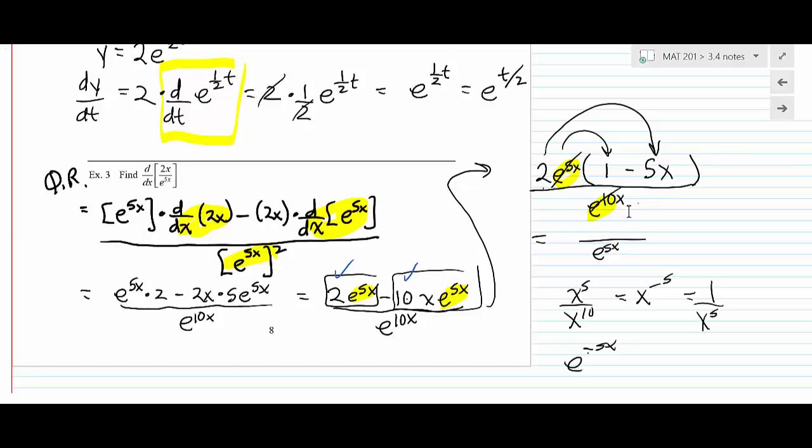Okay, that cancels. Then after that, you're left with 2 times 1 minus 5x. So this right here would be a good answer. And yet you could have left that 2 in, like you were talking about, Alicia. Or you could go ahead and multiply it out and get 2 minus 10x. These are the little algebra issues that we have to deal with a lot in this level class.